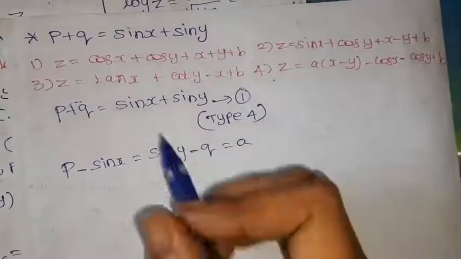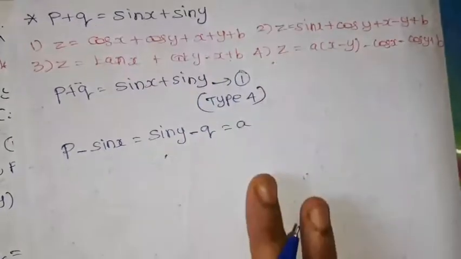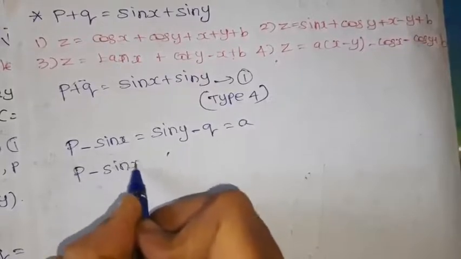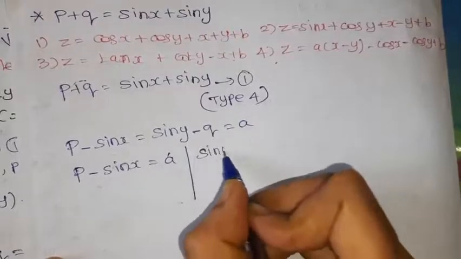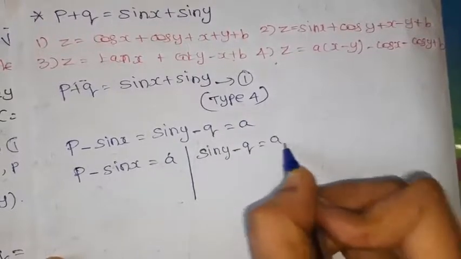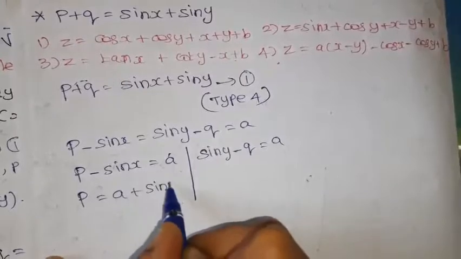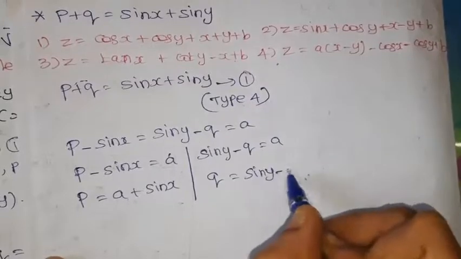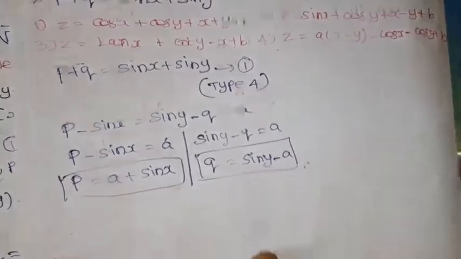Then p minus sin x equal to a, then sin y minus q equal to a. Then find the value: p equal to a plus sin x, q equal to sin y minus a. So we found the values of p and q.